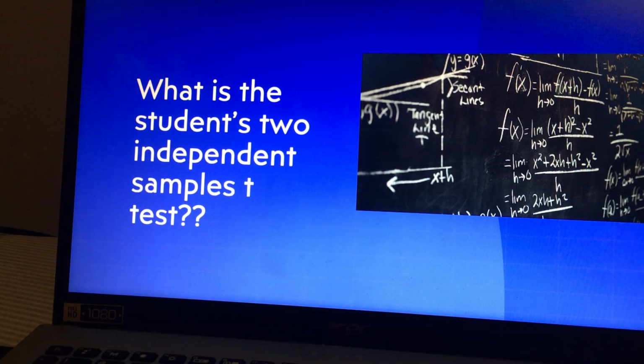For example, you may want to compare a treatment group versus a control group, or you may want to compare two different treatments. So for each person in the study, you measure some outcome variable of interest using an interval or a ratio level scale. And so the research question that you're asking is whether or not the two groups have different population means. This is the situation that the independent means t-test is designed for.